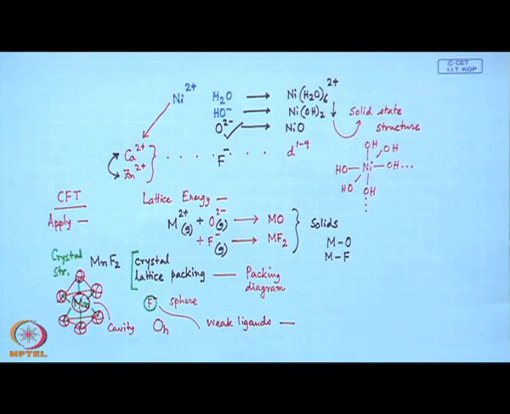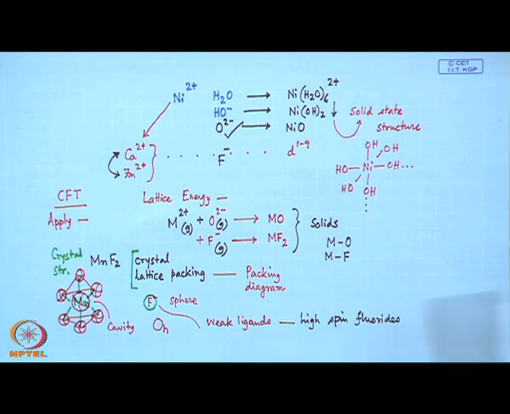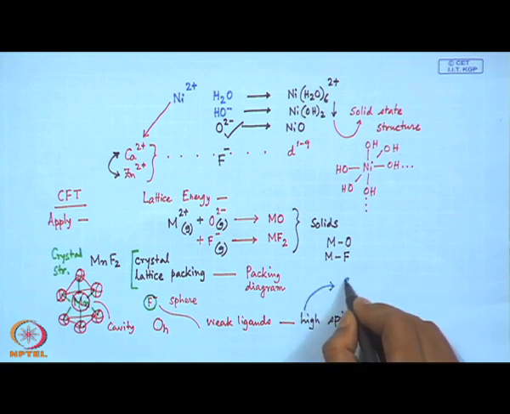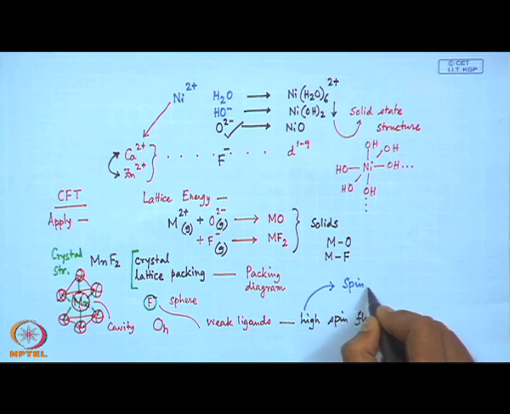We are now very well accustomed with the idea that when we have fluoride ligands, which are weak ligands, we will be getting the corresponding high spin fluorides because we do not expect any kind of spin pairing.